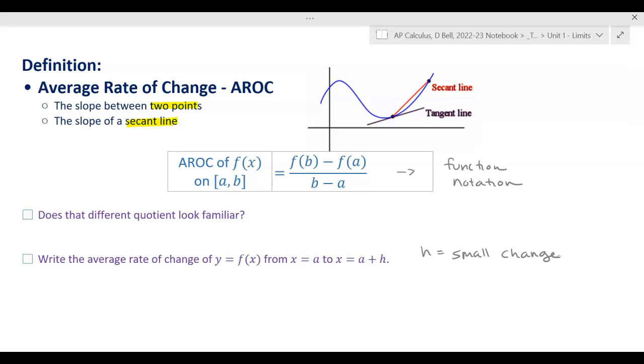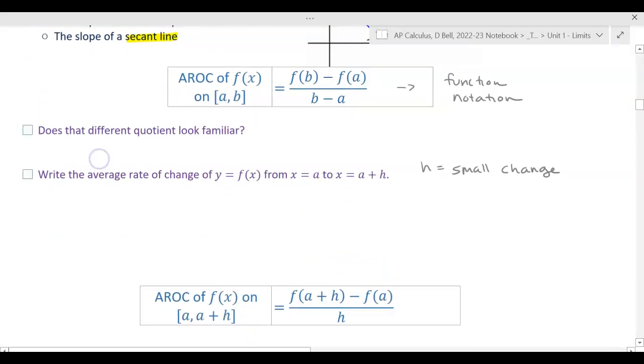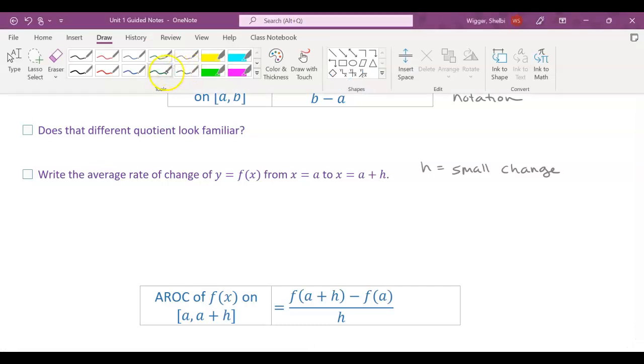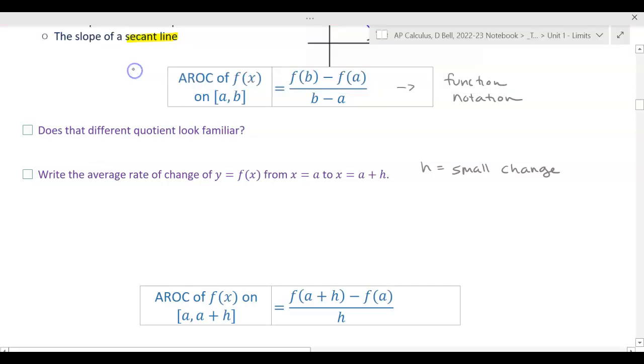So h is a small change. So we're going to go from a to a plus h. So this is a point that's really close to a.